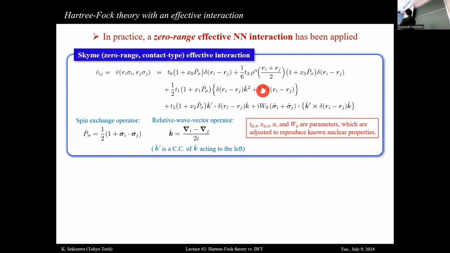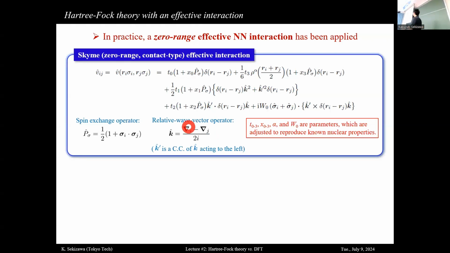And as you can see, there is the operator K. This is nothing but a kind of relative momentum operator related to the relative momentum between two nucleons, and it contains the derivatives, nabla. Because of this, even though the interactions are contact or zero range, it effectively contains some finite-range effect through this derivative, nabla operator.